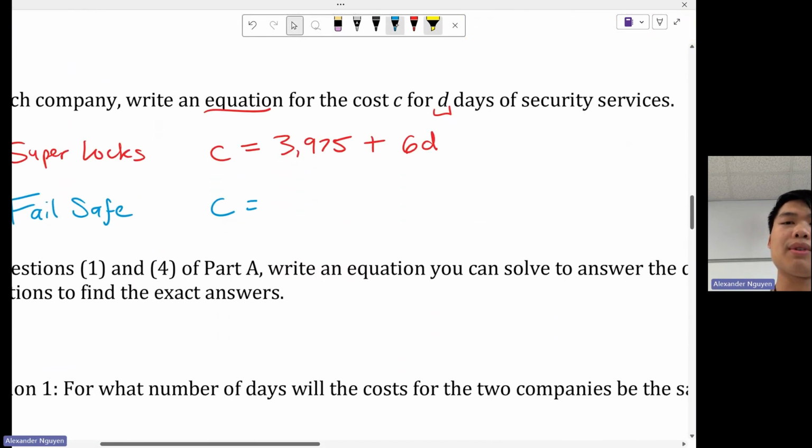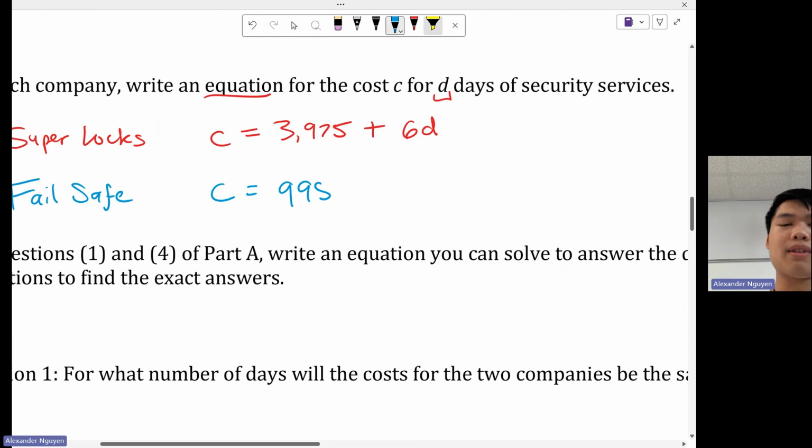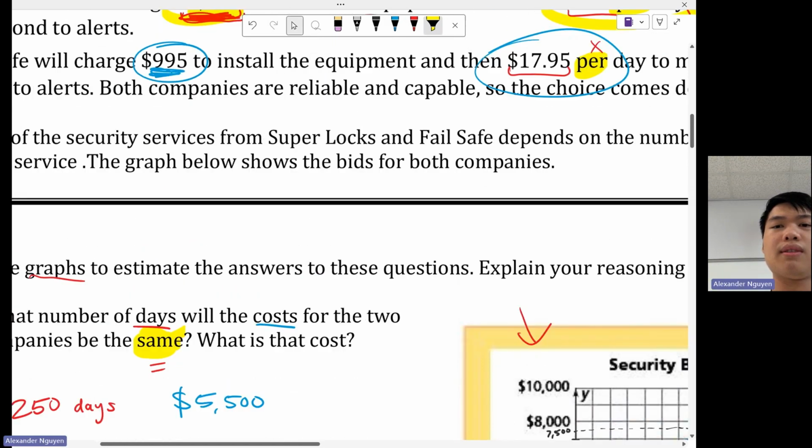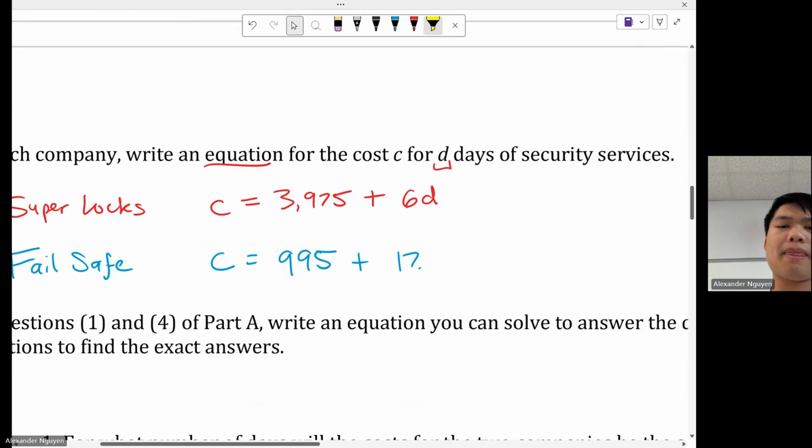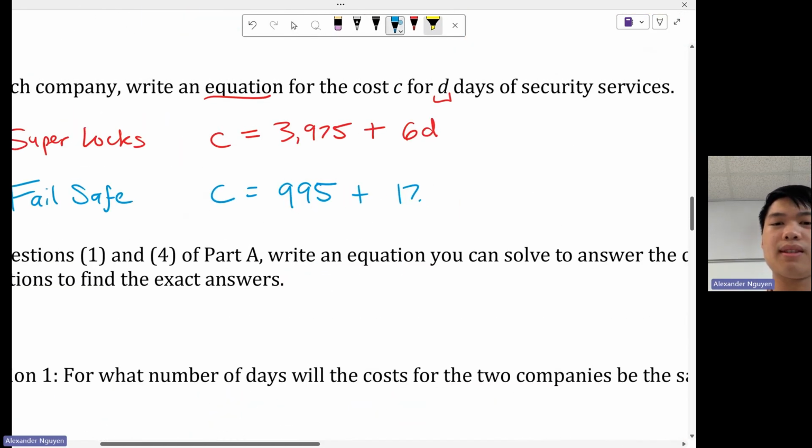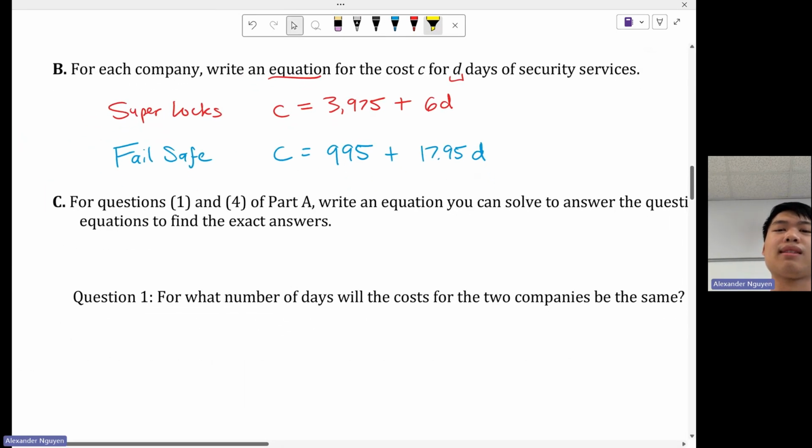Let's see if I can remember those numbers. I believe it was 995 plus 17.95 per day, which means times the number of days D. If I have more days, then it's going to cost more.